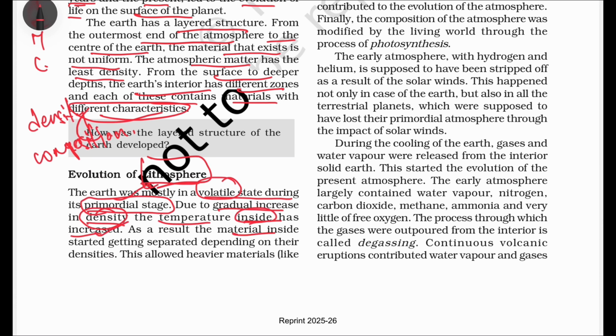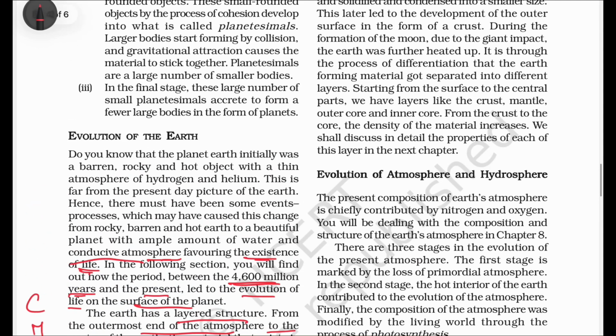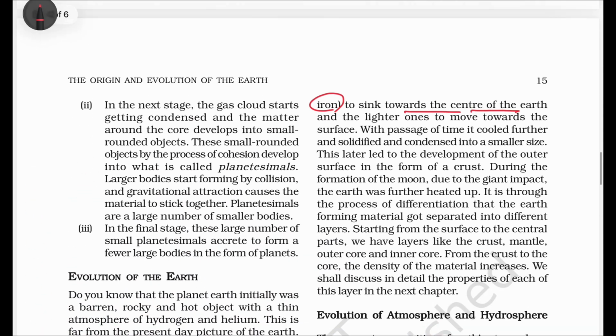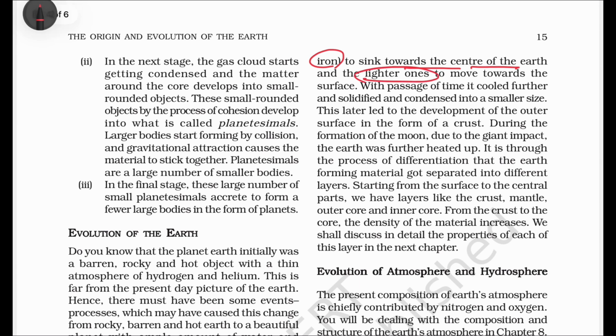As a result, the materials inside started getting separated depending upon their densities. This allowed the heavier materials like iron to sink towards the center of the earth, and the lighter ones, we can say silicates, moved towards the surface. With the passage of time, it cooled further, solidified and condensed to a smaller size. This later led to the development of the outer surface in the form of crust.